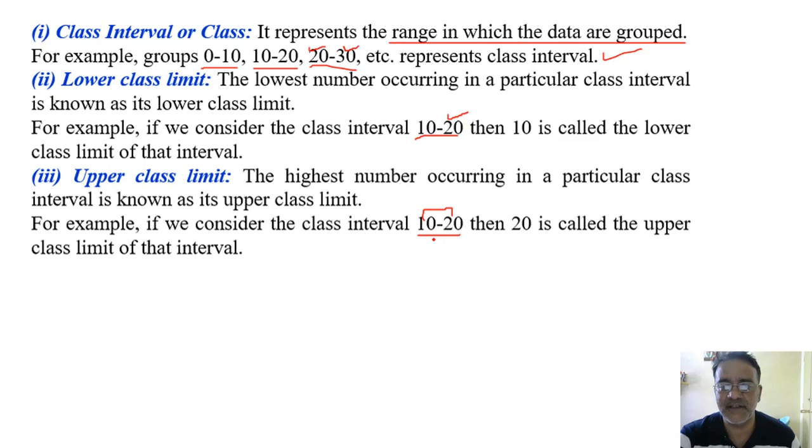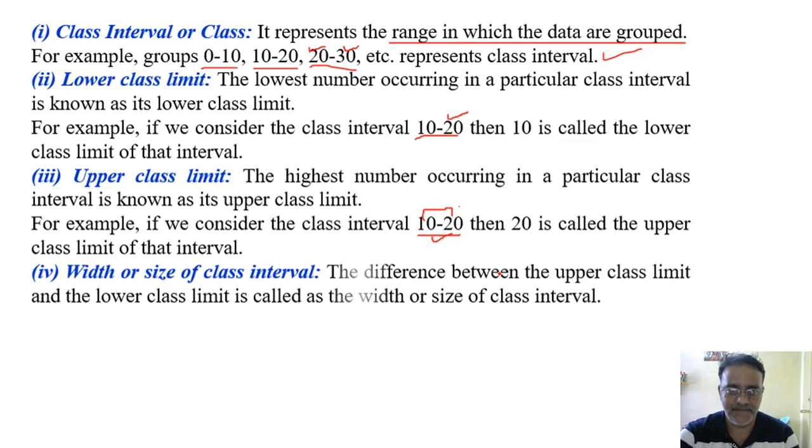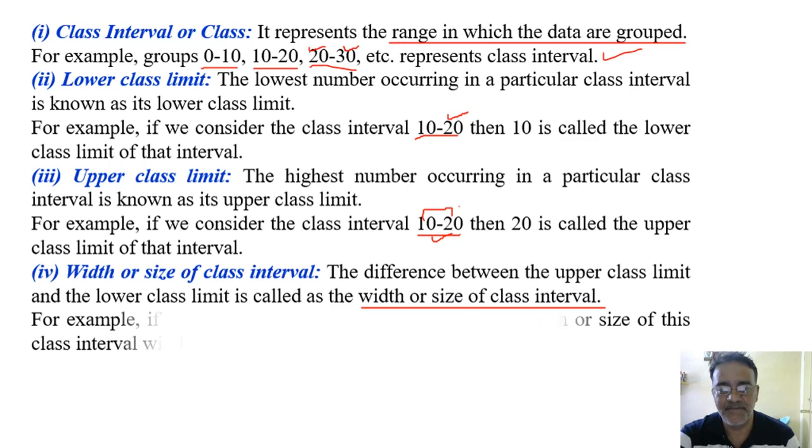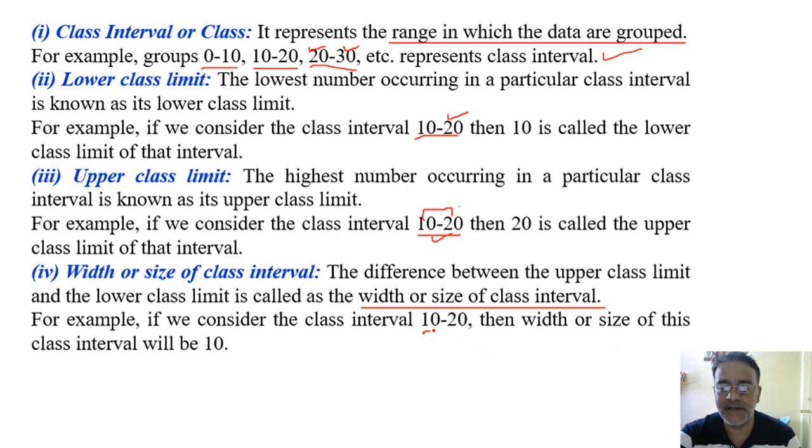What is the difference in this one? 10, sir. So 10 is the class size of this class. The difference between the upper class limit and the lower class limit is called the width or size of the class interval. For example, for 10 to 20, the class size is 10.